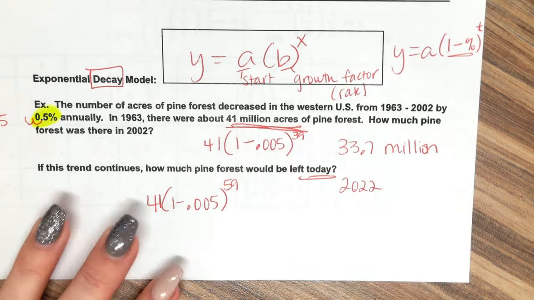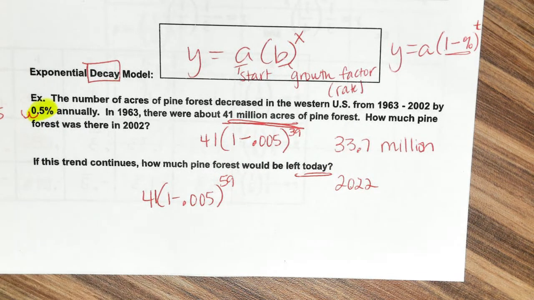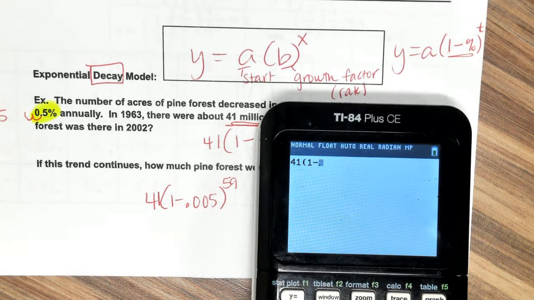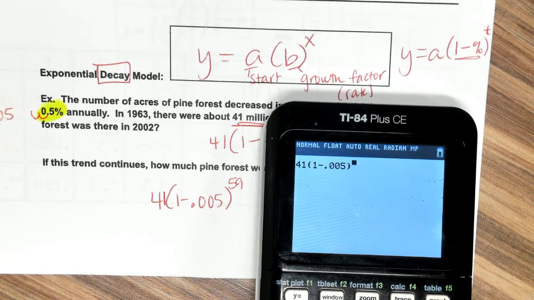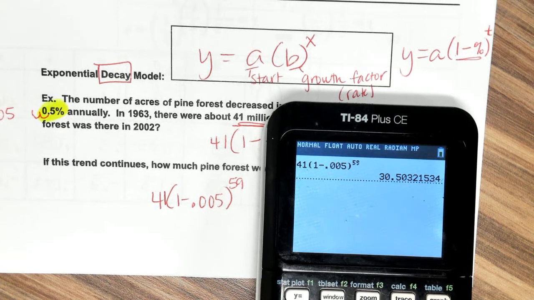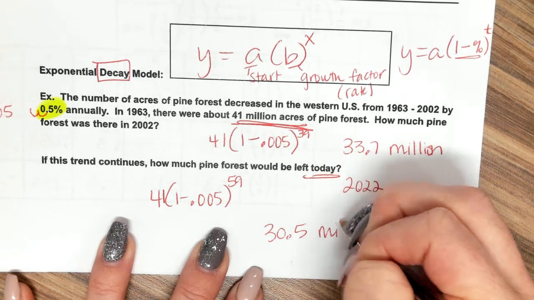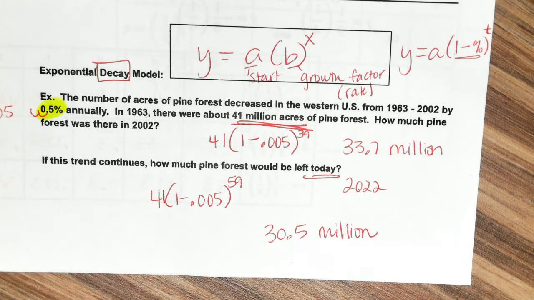Or you could do that, yes. All right, so let's go type that in. $30.5 million. And so you can see that the number of acres of pine forest is rapidly decaying.